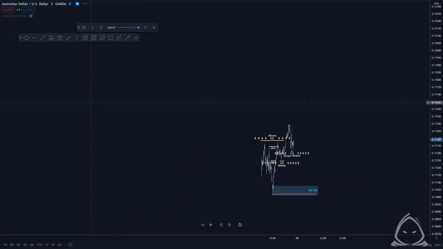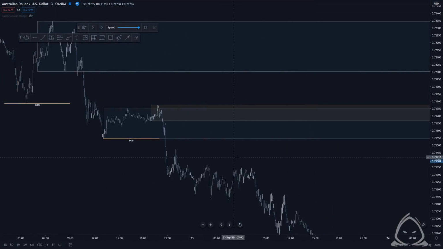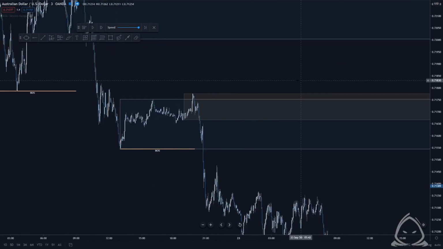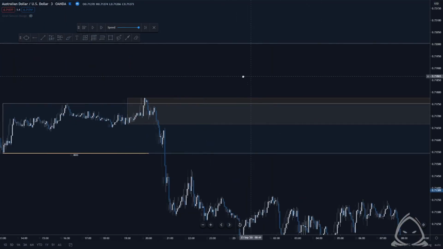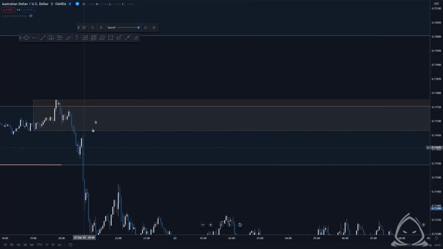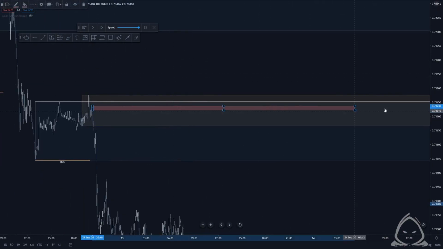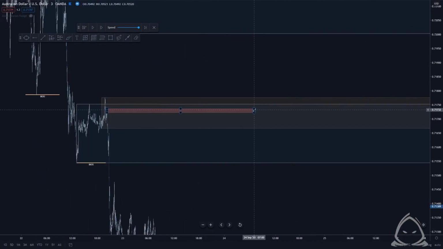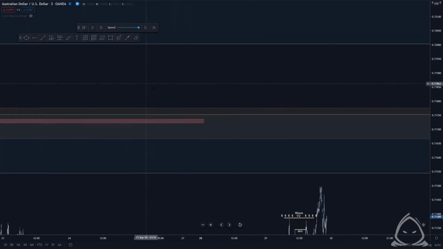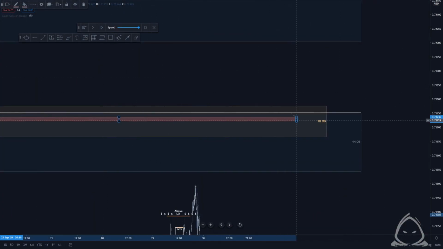I did find a 3 minute order block in this zone that I targeted based on the idea that there were order blocks created, breaking structure, and lots of inefficiency. It didn't have to be this, but to me this was a very obvious level to target.